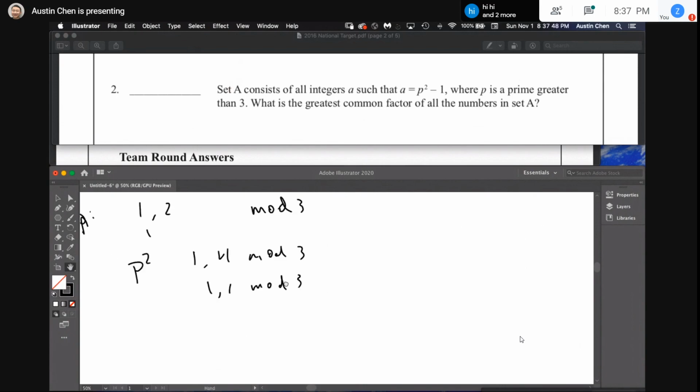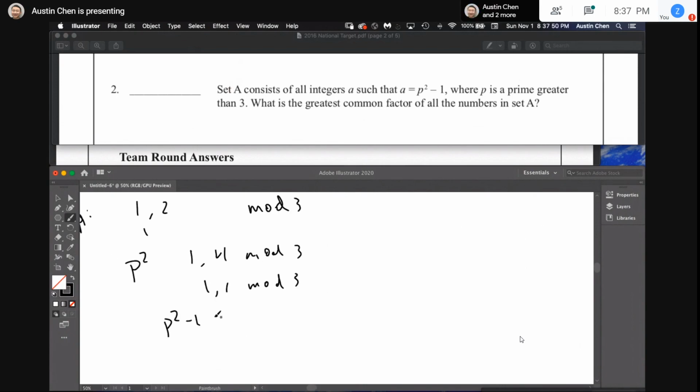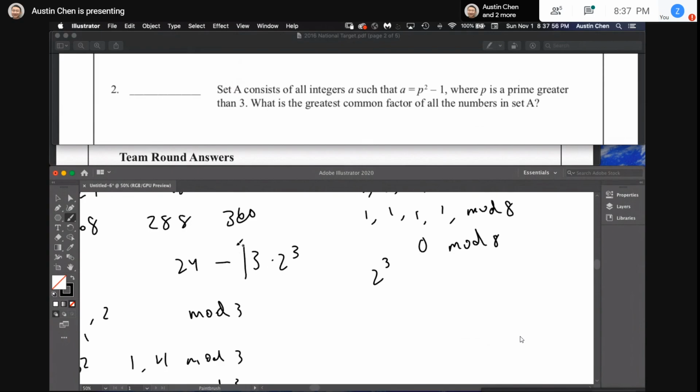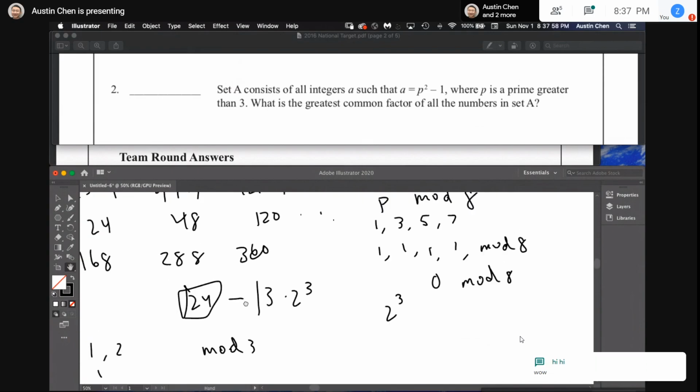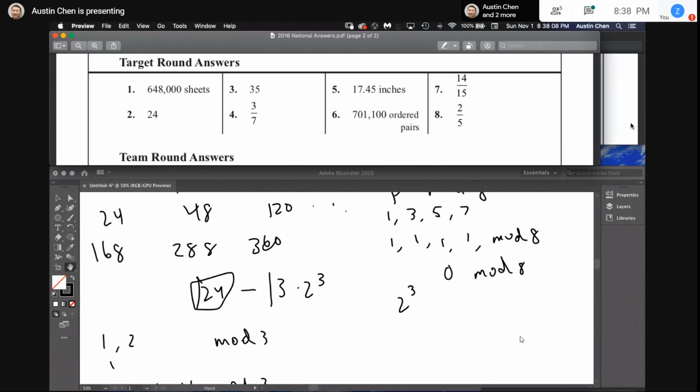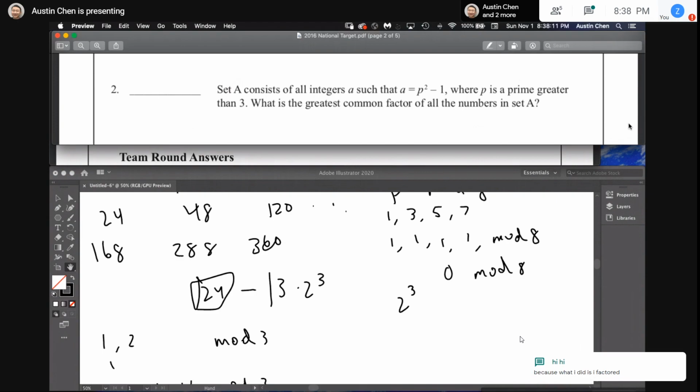So what does that mean? p squared minus 1 will always be 0 mod 3, which means it will always be divisible by 3, right? So the answer actually is 24, which is pretty big. Yeah, the answer is 24. I think this is a decent problem. I kind of like it.